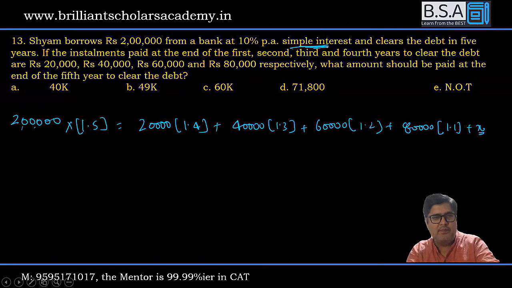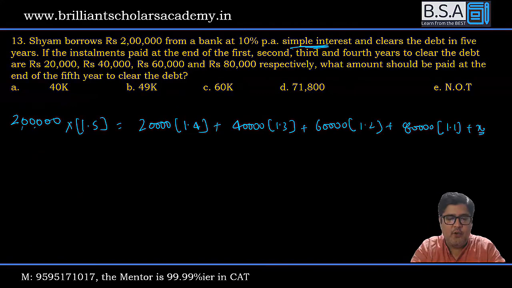So complete this. Don't apply reducing balance here. Reducing balance is only for compounding. Don't apply reducing balance here. Mistake will happen. So what we have here is 2 lakh rupees.